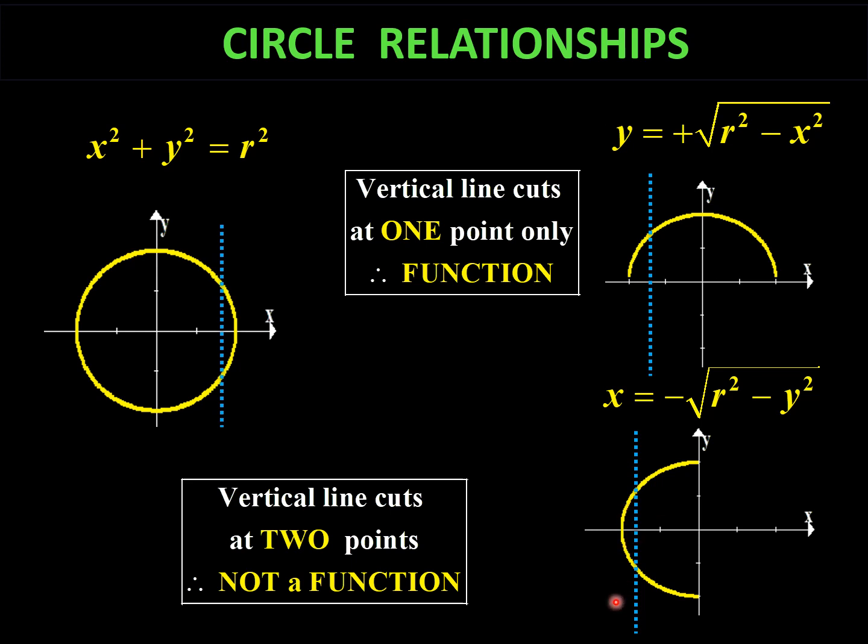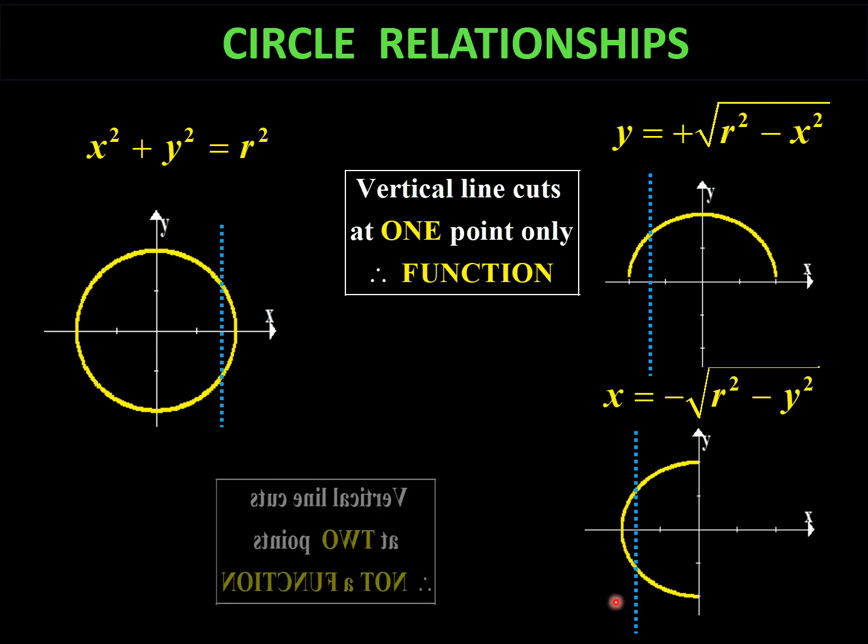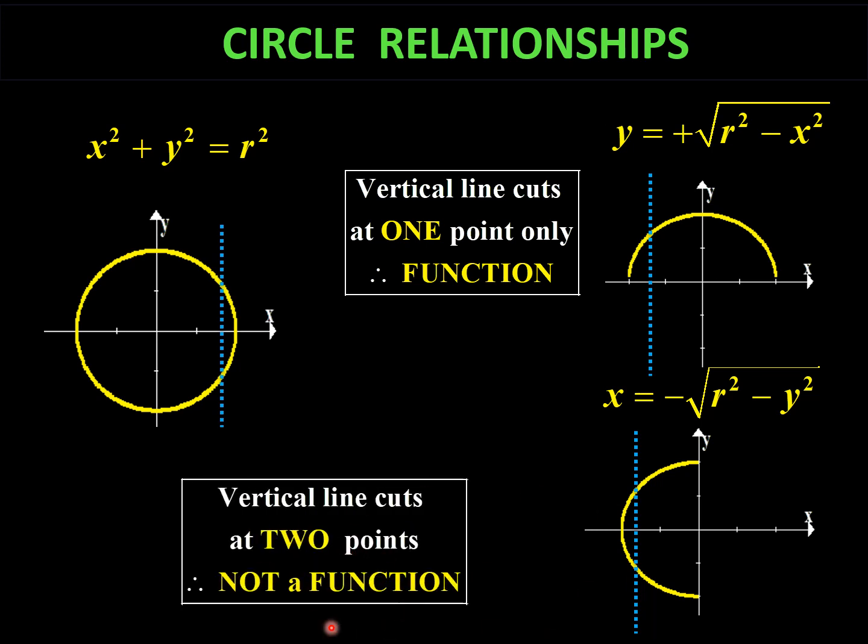Therefore, it will not be a function. Okay, let's see there. Can you see? So it's the same. These two are the same. This one here does not represent a function, and this one here also does not represent a function. But when I have the top part of the circle, the semicircle, or the bottom one there, that would represent functions.